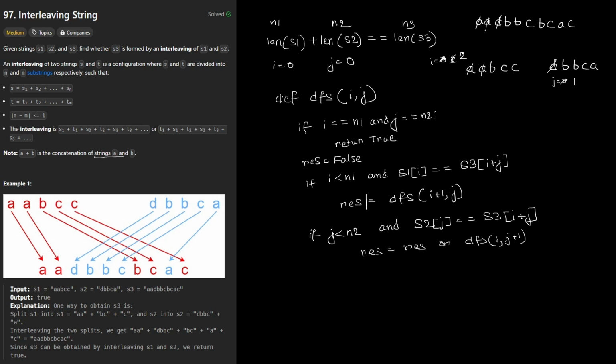Let's say we remove it for i and make it 3. Now there is another B, so we can remove it from D. Then we have C, so remove it from here, increment to 4, remove it. Then we have B, remove it. Then we have C, we can remove it from here.